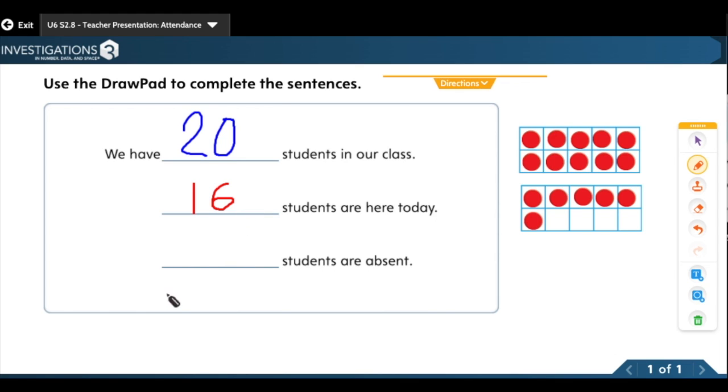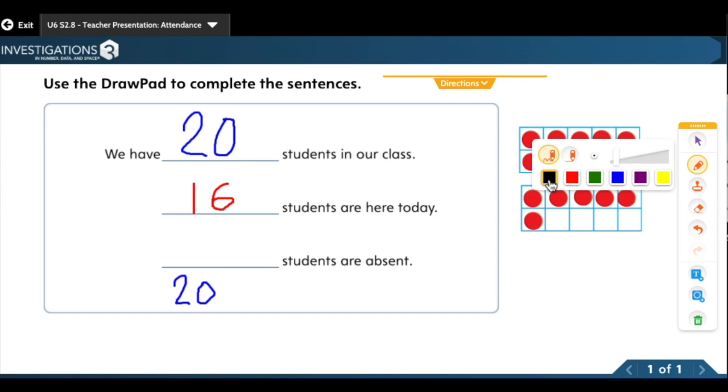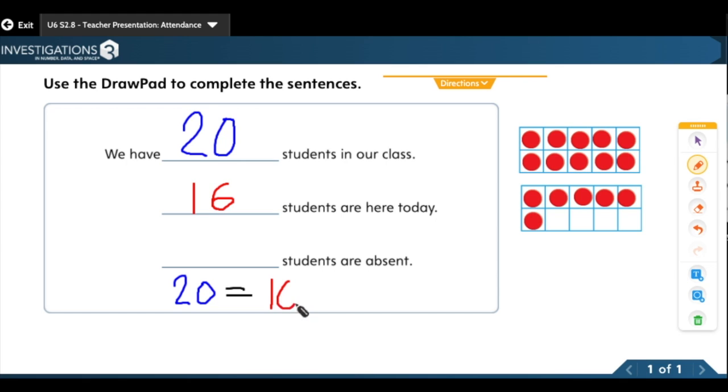I'm going to make a very funny or different kind of number sentence for us, and it's going to look like this. I know there are 20 students in all, so 20 equals 16 students who are here plus the number of students who are absent.